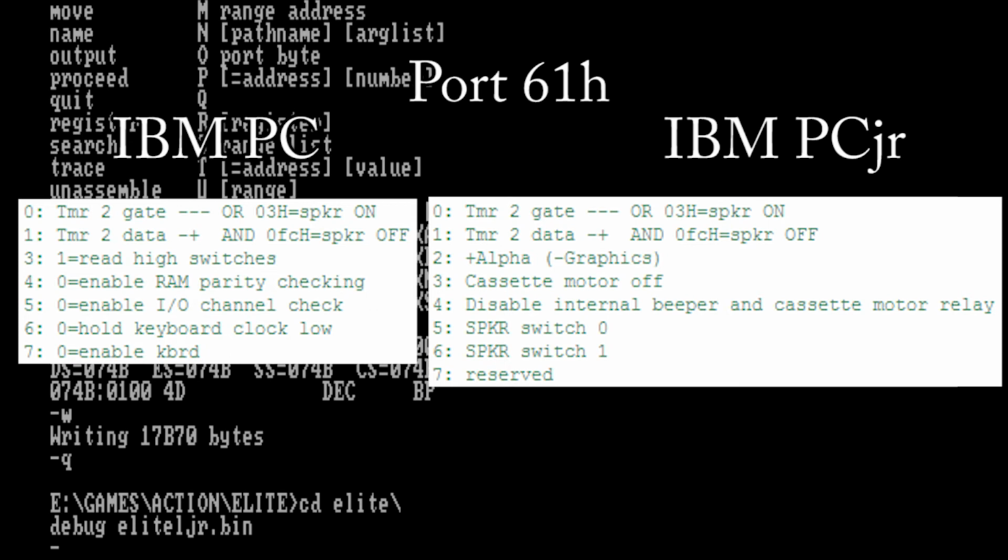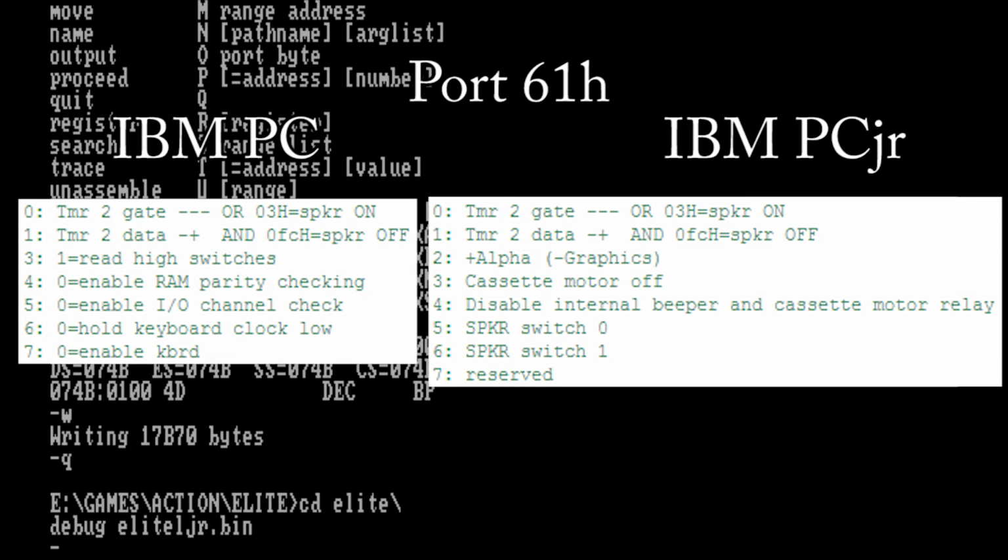The first 2 bits do control the speaker, but the second bit is a video controller hardware bit to determine whether or not the system should be in either text or graphics mode. And it turns out that Elite was setting that bit when it should have been cleared. Setting the bit, you'll see in the chart, says text. Clearing that bit means graphics.